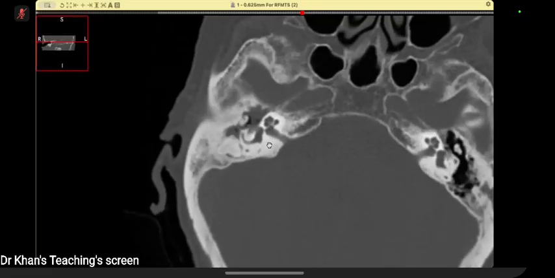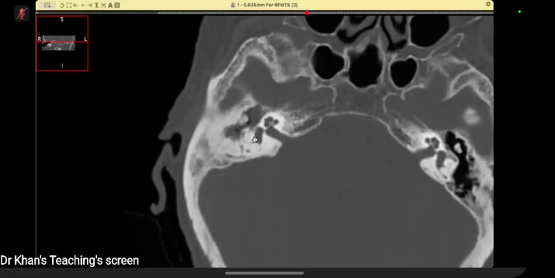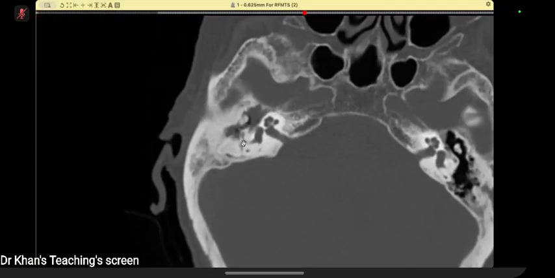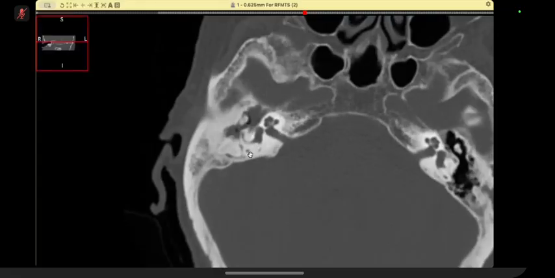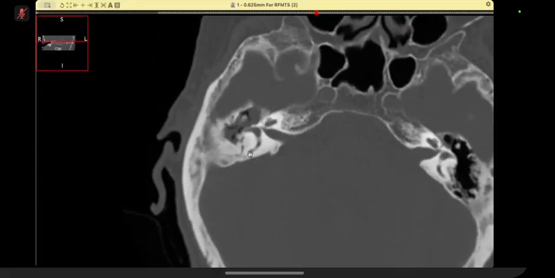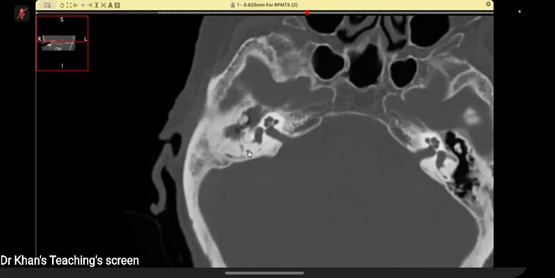This is the cochlea. And now this is the lateral semicircular canal. Where my mouse is, you can see lateral semicircular canal. And here, even on this axial where I am pointing out, there is suspicion as if this bone here is missing. So you should develop this reflex of how to pick up lateral semicircular canal.